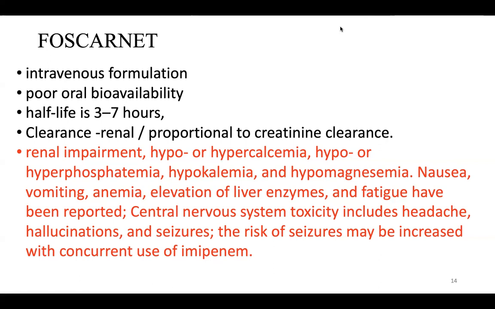Up to 30% of foscarnet may be deposited in bone with a half-life of several months. Clearance of foscarnet is primarily renal and directly proportional to creatinine clearance. Potential side effects of foscarnet include renal dysfunction, hypo or hypercalcemia, hypo or hyperphosphatemia, hypokalemia, and hypomagnesemia.